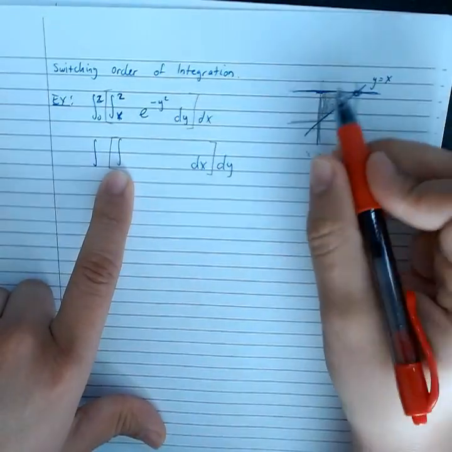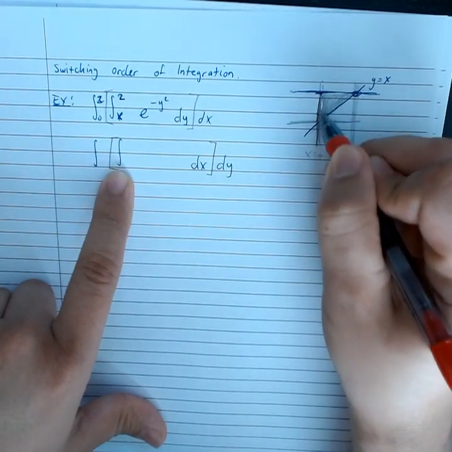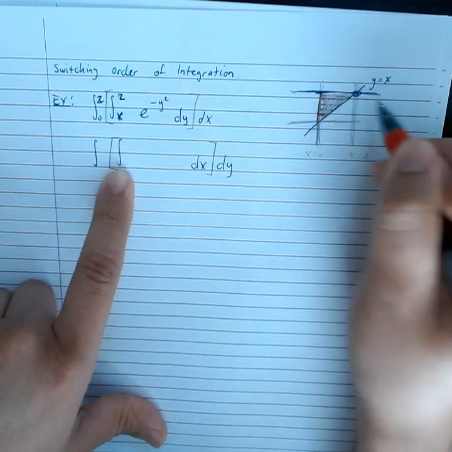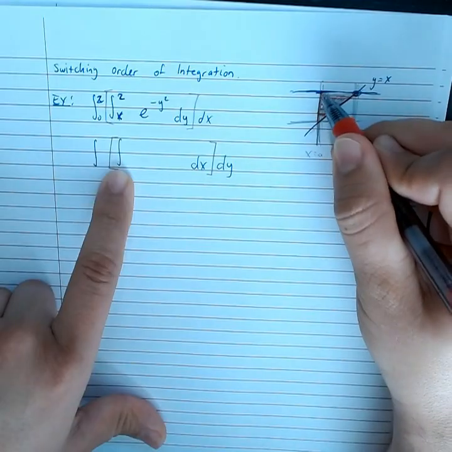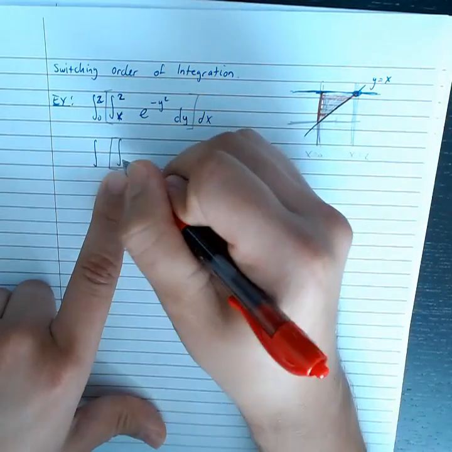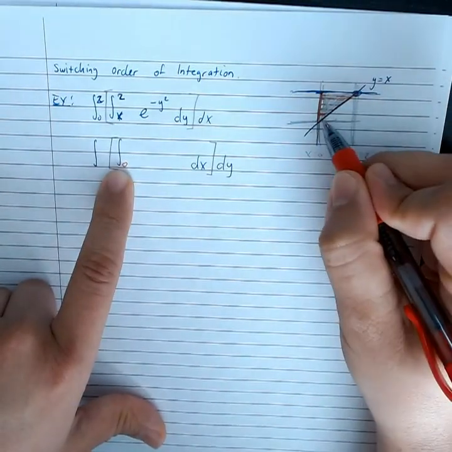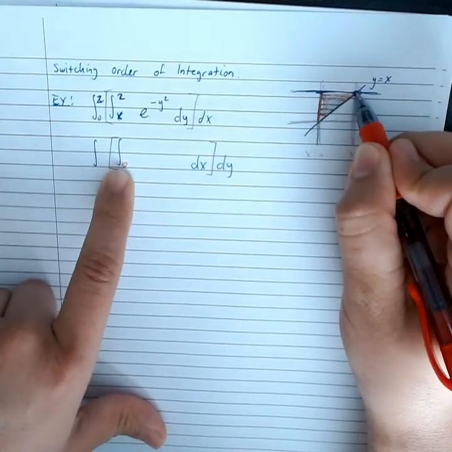Because notice, if I'm going from left to right, okay, the left is always at the same spot. The left is always at 0. But notice, the right of this region varies. Right? Here, x is equal to 0. That's my lowermost boundary. But x doesn't always go up to 2. Sometimes it goes only a little bit. Sometimes it goes further. Sometimes it goes all the way to 2.